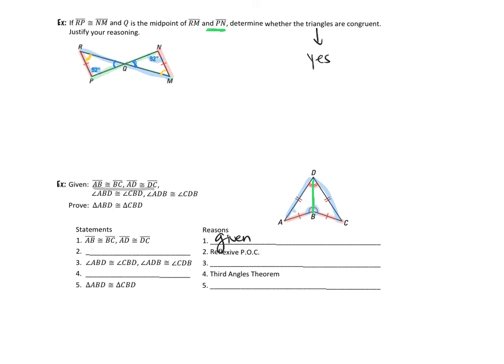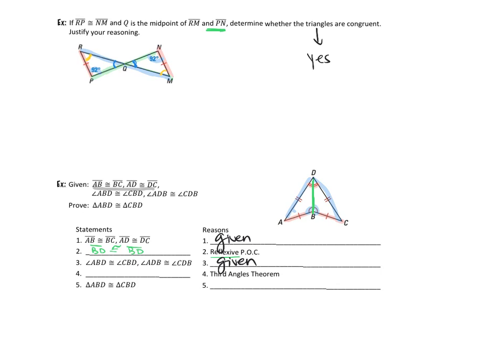So we will say that segment BD is congruent to segment BD, and that is the reflexive property of congruence. In statement 3, both of those congruency statements appear in my givens. So again, my reason is just simply that they are given.